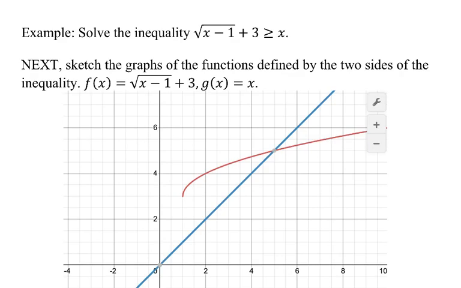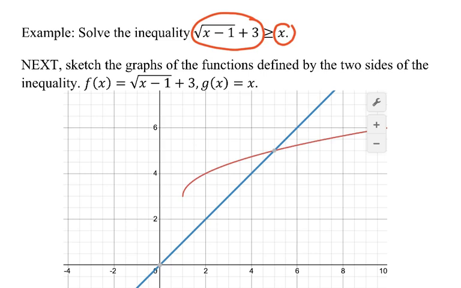So the next step is going to be to sketch the graphs of the functions defined by the two sides of the inequality. Notice here that what I'm calling f of x is the left side of this inequality, and what I'm calling g of x is the right side. Those individually can be thought of as functions, and you can graph them by hand, which is totally fine.